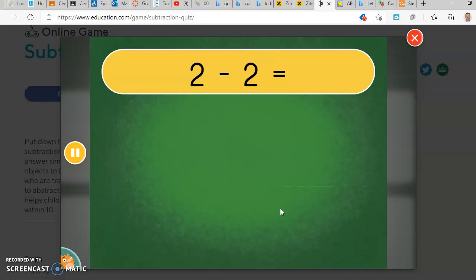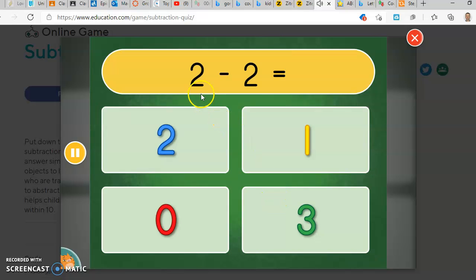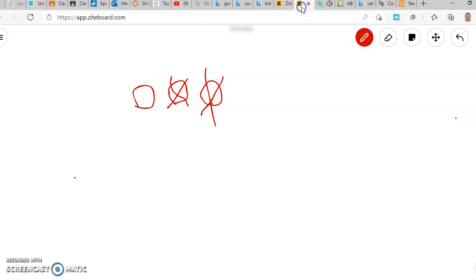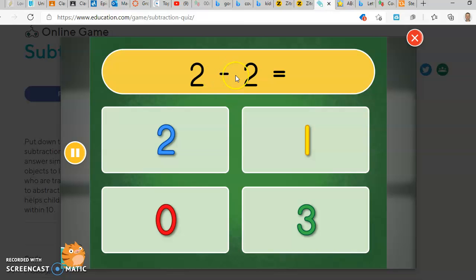All right. Now, this one says 2. Start with 2. So I'm going to draw 2 down here. 1 and 2. And then we are subtracting how many? 2. Oh wow, so we're starting with 2, and then we're taking away 2. So, could you figure that in your mind?